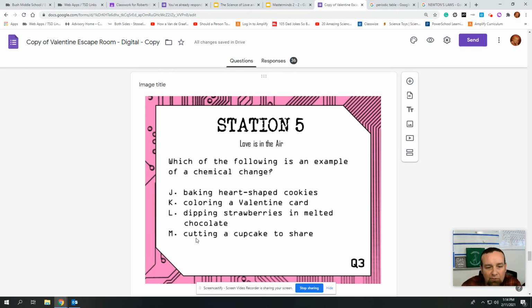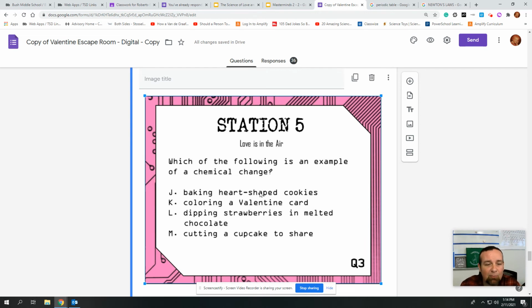So let's look at our examples. Cutting a cupcake to share. Well, that would be a cupcake still that you're eating with your friends, so that's not a chemical change. Dipping strawberries in melted chocolate, they're still strawberries. Coloring a Valentine's Day card, it's still a card, just you made it a different color, so it's not a chemical change. Baking heart-shaped cookies.